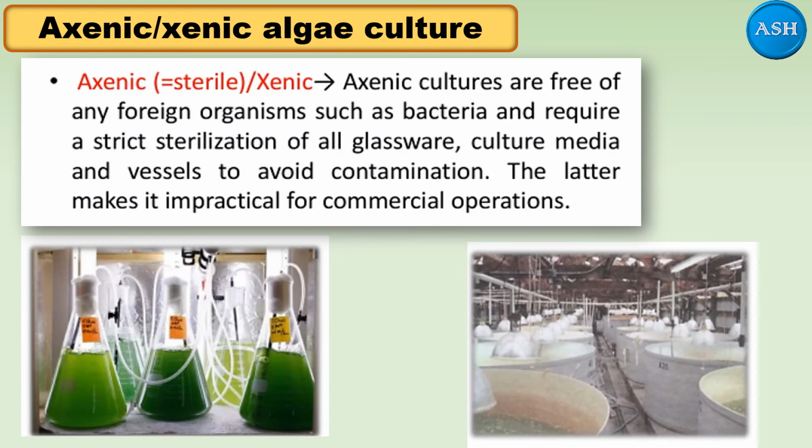So axenic means sterile and free of foreign or any other organisms such as bacteria, fungi, etc. Strict sterilization is done for the glasswares, for the medium, for the vessels used for the culturing techniques. And why do we use sterile conditions or sterile technique? To avoid contamination. But for the practical purpose, at large scale or industrial and commercial scale, it's not practically possible because sterilization at such large scale is very complicated.